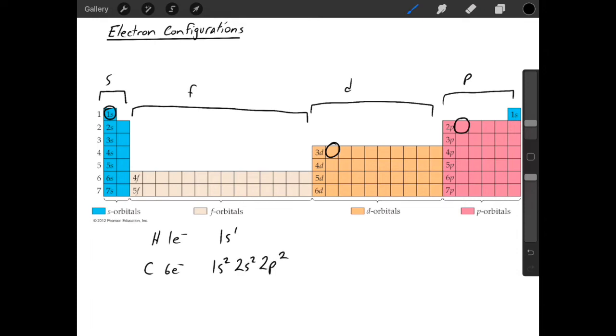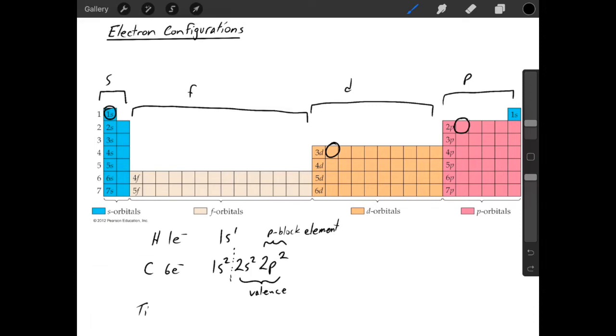So now you have multiple different n values. You have n equals 1 and n equals 2. So you can identify that n equals 2 is the valence level. And you can identify that the final electrons in that valence level are in the p subshell. So carbon is a p block element.